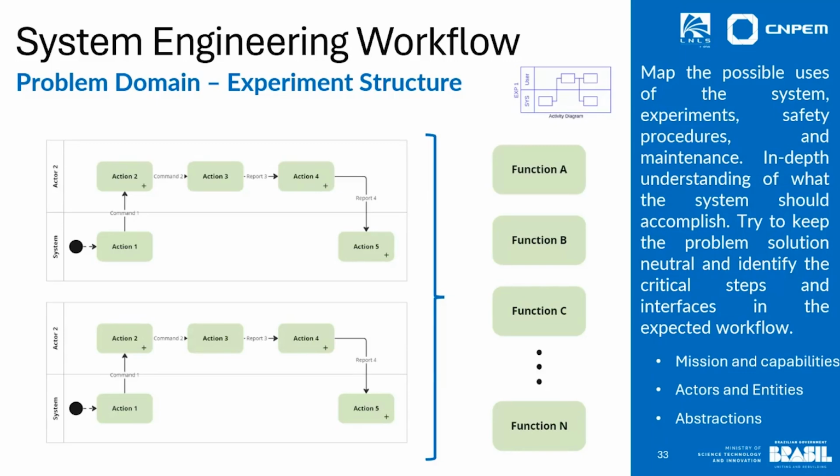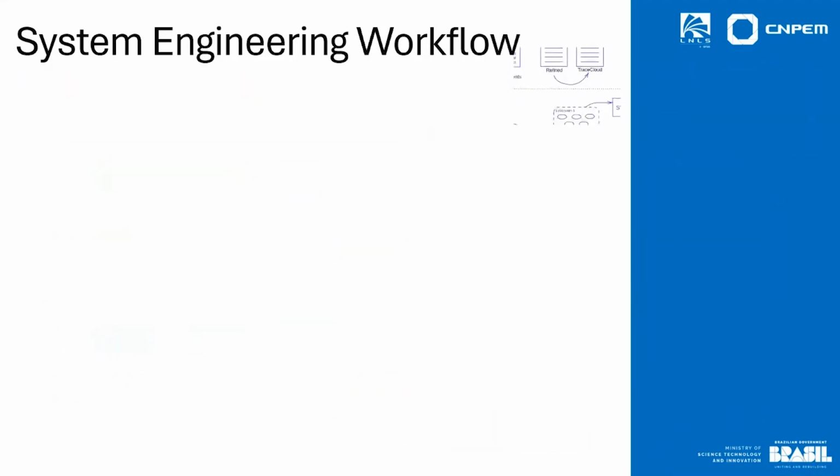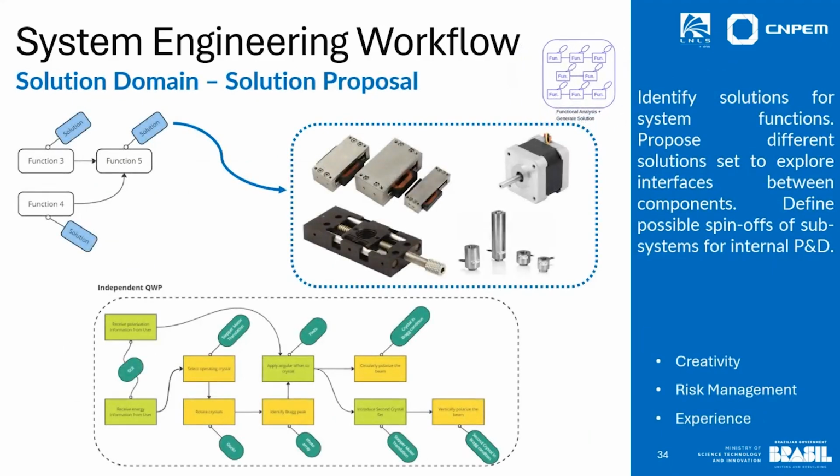Scientists are very creative, so they are always trying to solve the problem with a solution already. We try to keep things neutral at these parts, but then we move to the next part, the solution domain. We try to analyze all the solutions for our system and start to propose solutions for it.